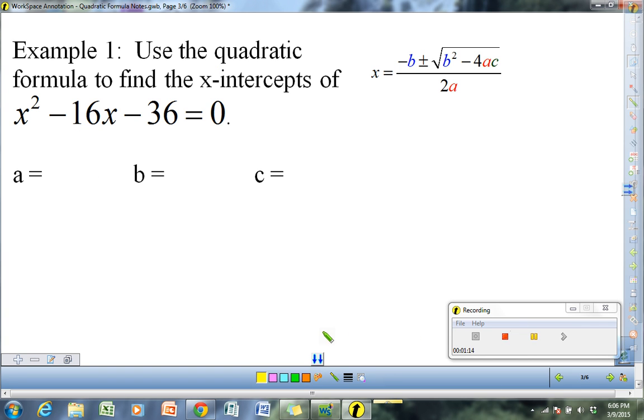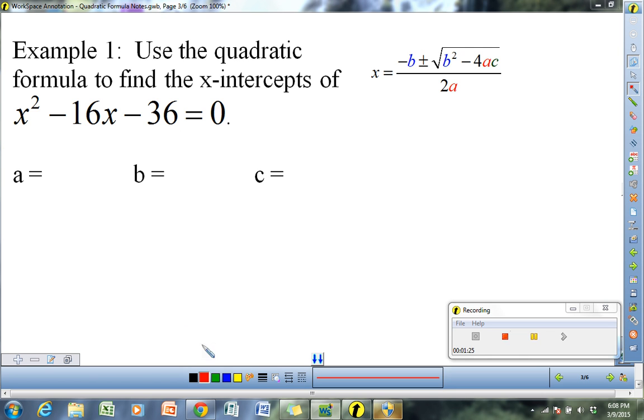First example, use the quadratic formula to find the x-intercepts of x squared minus 16x minus 36 equals 0. So remember, our equation is ax squared plus bx plus c equals 0.